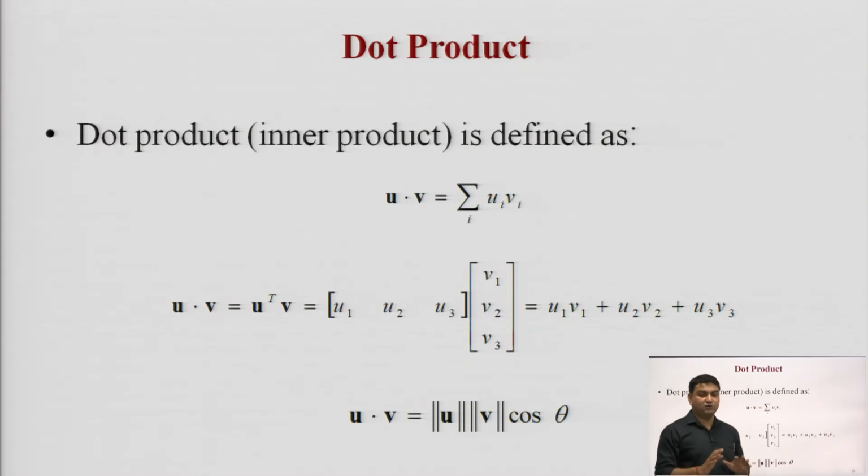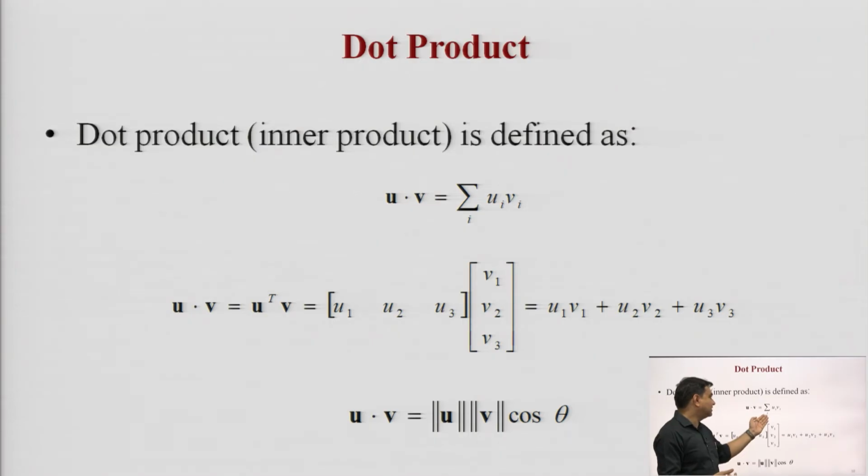If there are two vectors u and v, given in terms of ui and vi, these vectors can have multiple dimensions: 2, 3, 4, 5, 6, up to n dimensions.